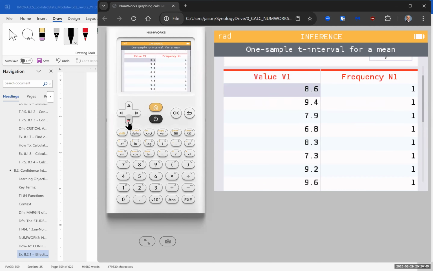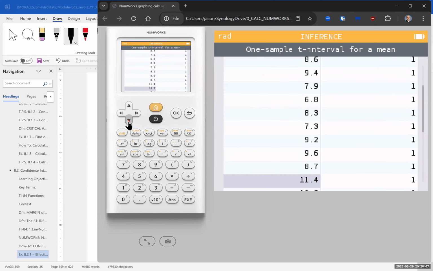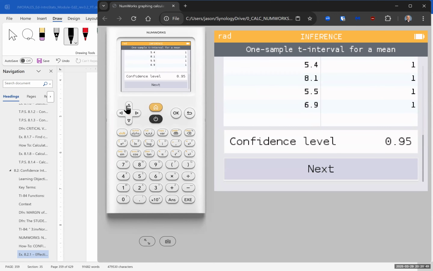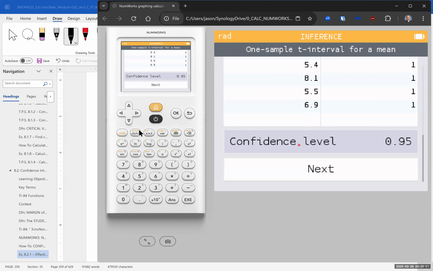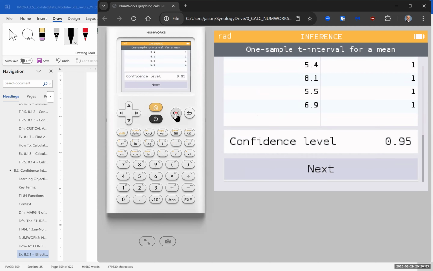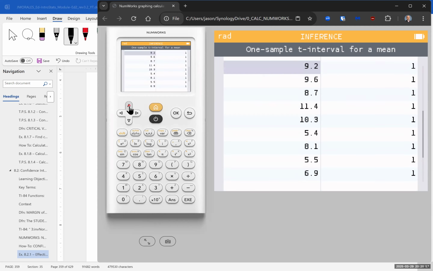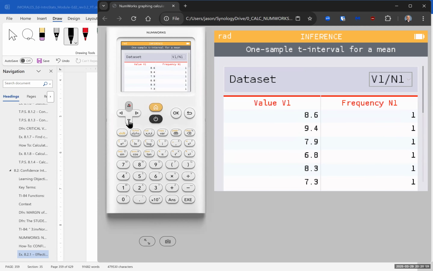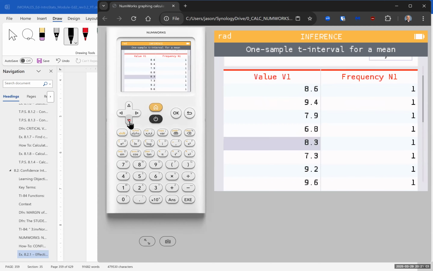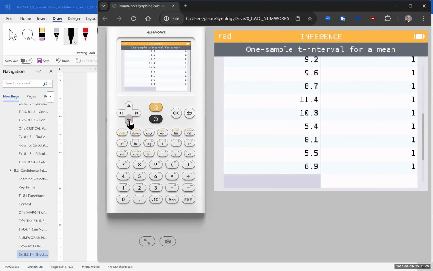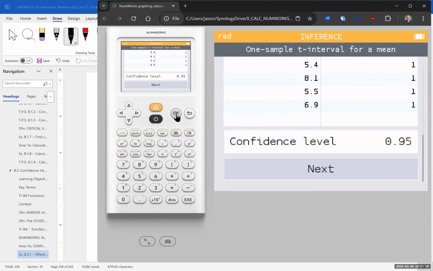Okay, so we'll hit down. We want a confidence level of 0.95, and we want to hit next. It wasn't really intuitive at first where next was, right? It looks like there was nothing here at the bottom of the screen. So just remember, you do have to scroll down all the way to the bottom so you can hit next.